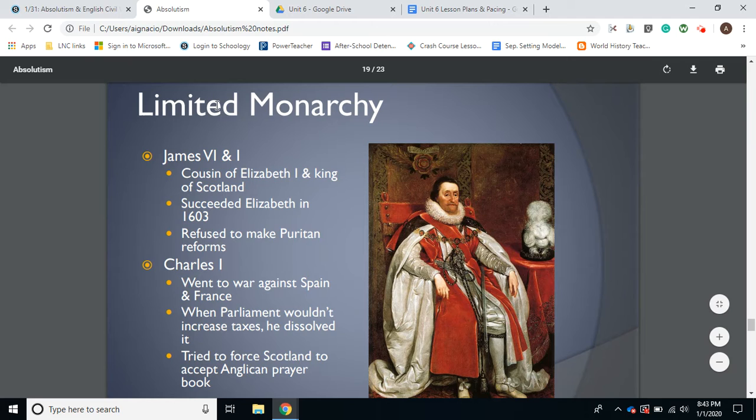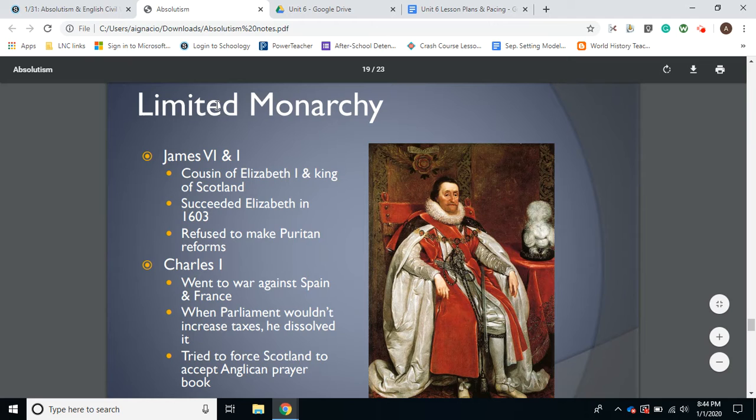The first monarch that we're going to talk about with England, where we're picking up in the early 1600s, is James the Sixth. James the Sixth is also James the First. He was a cousin of Queen Elizabeth I, Henry VIII's daughter from his second marriage to Anne Boleyn. If you remember correctly, she did not get married, and so she didn't have an heir to the throne.